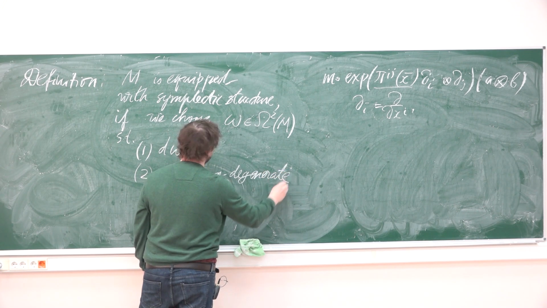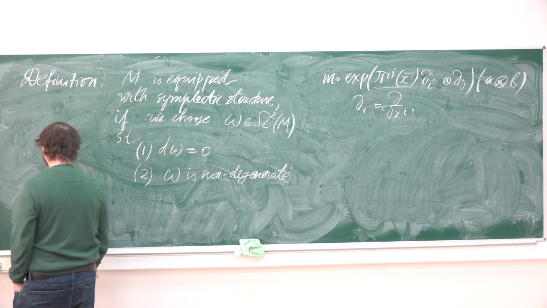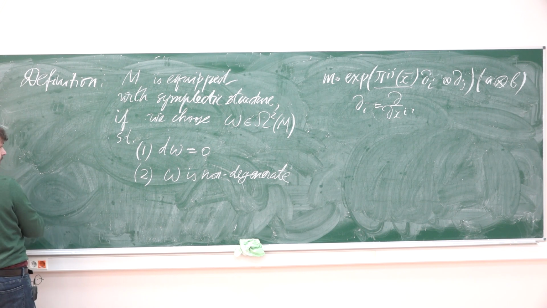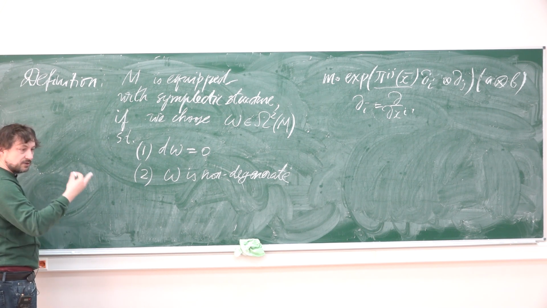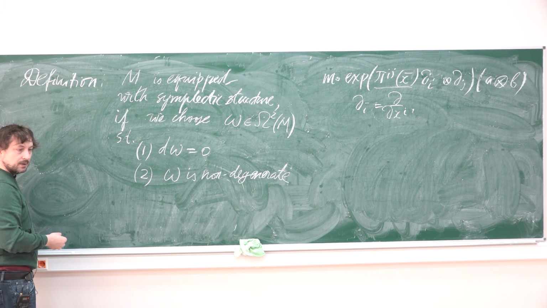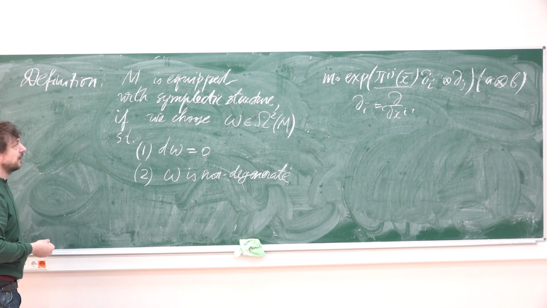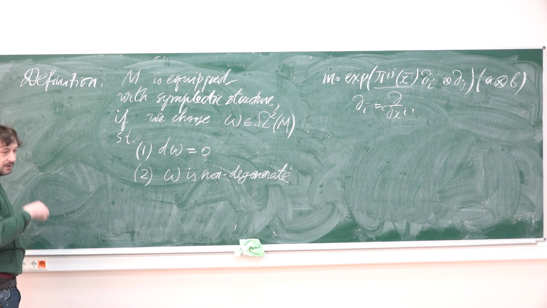So what does it mean that a differential form is non-degenerate? It's just a differential two-form, and a manifold is actually p-dimensional for some generic p, right?